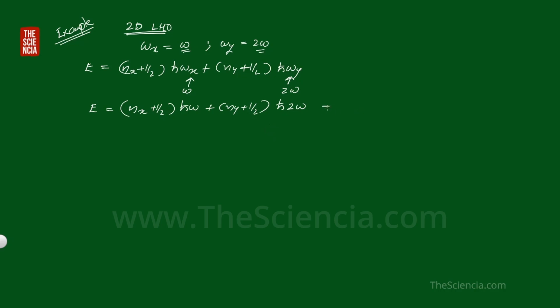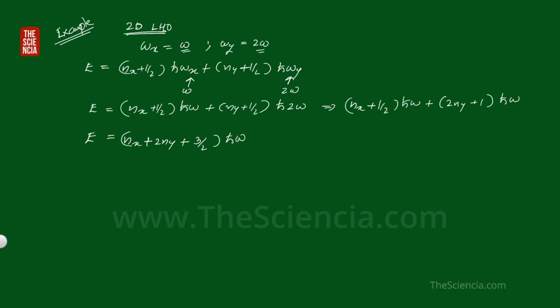That is equal to nx plus half h cross omega plus 2 ny plus 1 into h cross omega. That is, we got the energy expression E is equal to nx plus 2 ny plus 3 by 2 h cross omega.